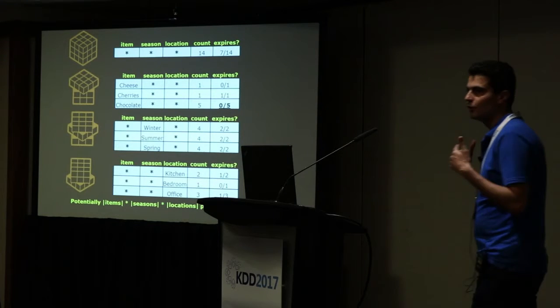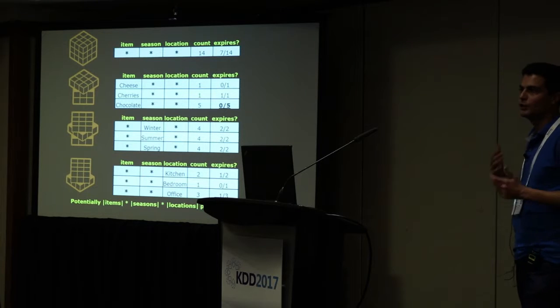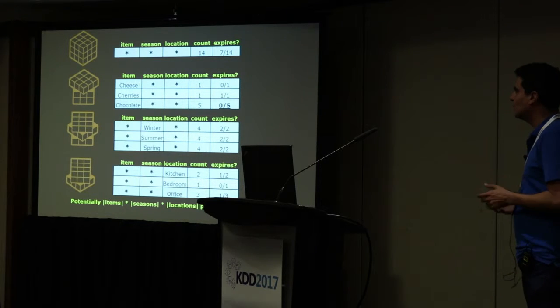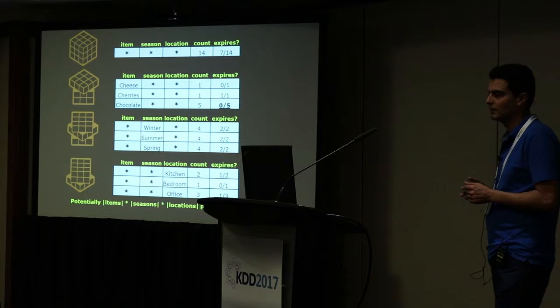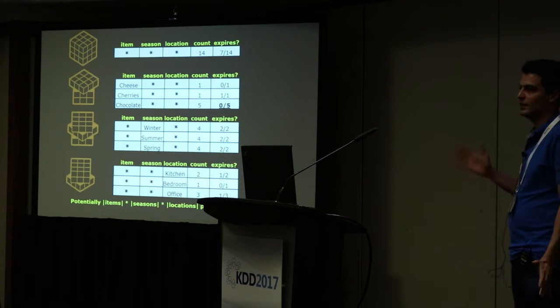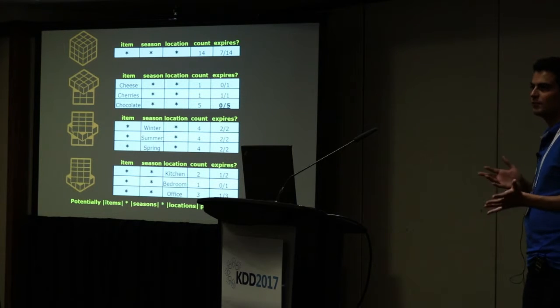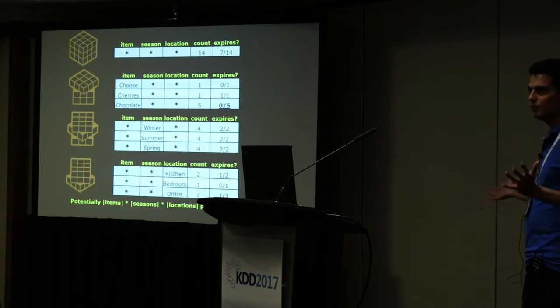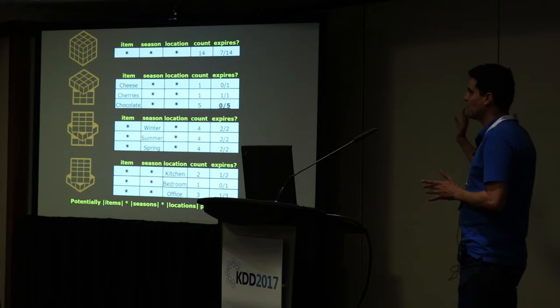So we go to the data and try to explore an attribute of interest, such as expiry. At the highest level, we can look at the entire data set, and we find that there's a 50-50 chance that items expire, okay?